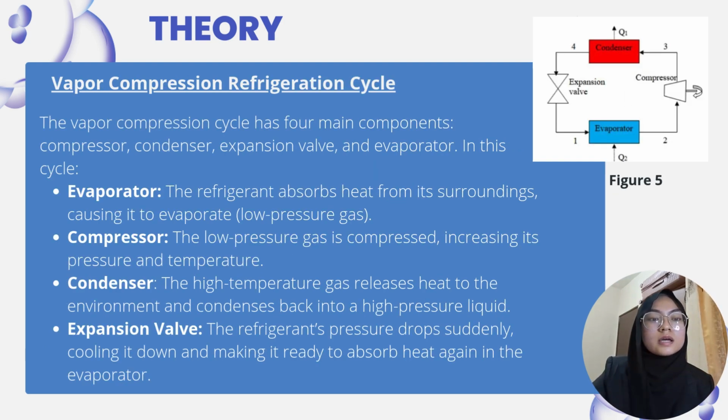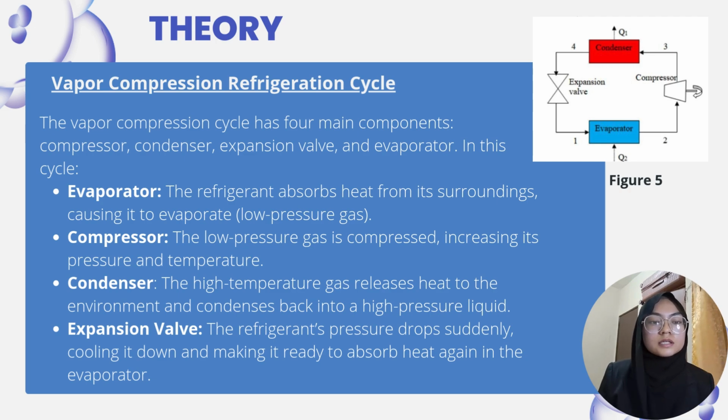The next one is, as I mentioned before, the vapor compression refrigeration cycle. It involves four components. The first one is the evaporator, where the refrigerant absorbs heat from its surroundings, causing it to evaporate. The second one, in the compressor, the low pressure gas is compressed, increasing its pressure and temperature.